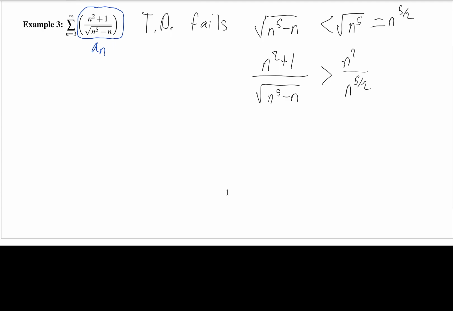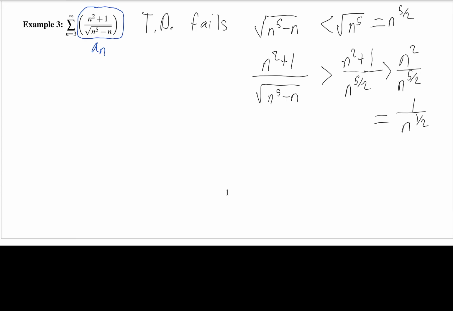And in order to make this right-hand side look like a p-series, what I want to do is get rid of that plus 1. If I get rid of the plus 1, then this is just going to get smaller. So we'll have n squared over n to the 5/2, right? And so this is going to be equal to 1 over n to the 1/2. Because what I'm doing is just subtracting exponents there.